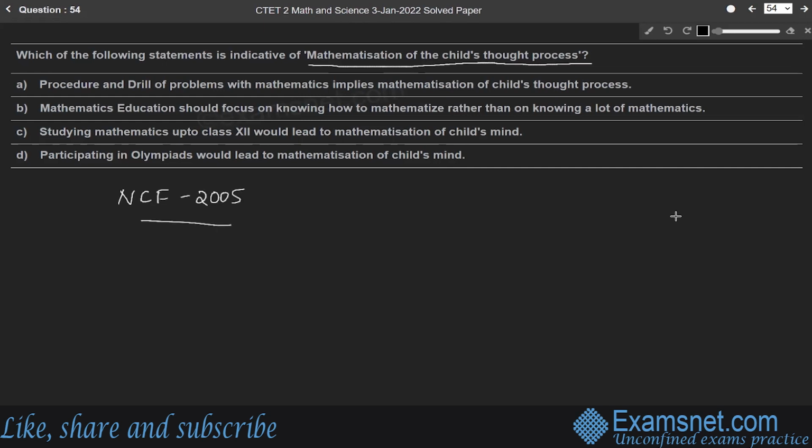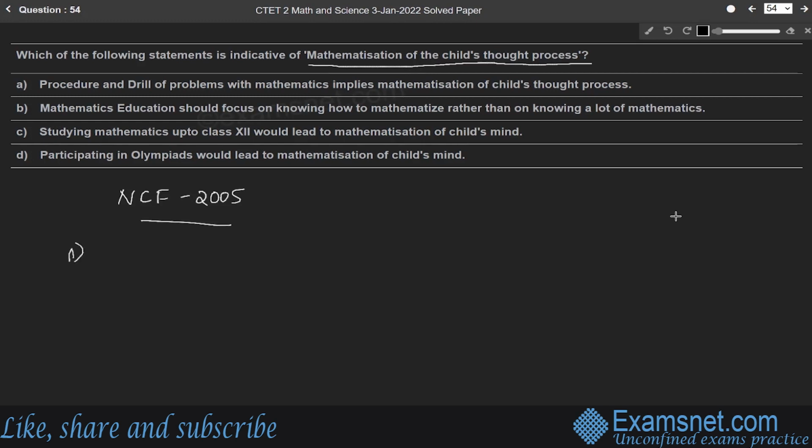The development of children's abilities for mathematization is the main goal of mathematics education, which means the child's thought process should be mathematized. So mathematization of the child's thought process could be possible if the students understand and can use the language, symbols, and notation of mathematics.